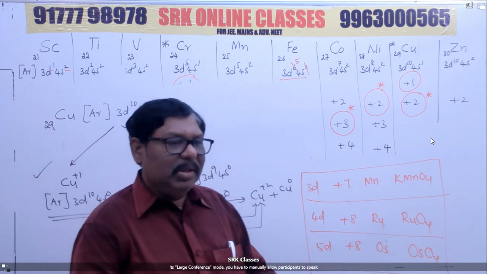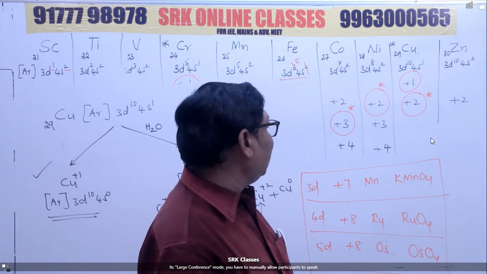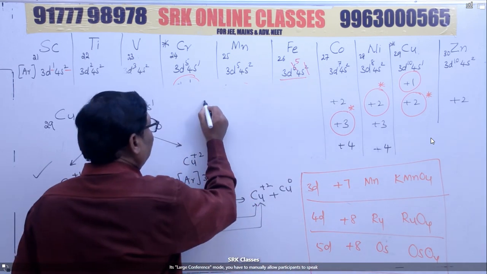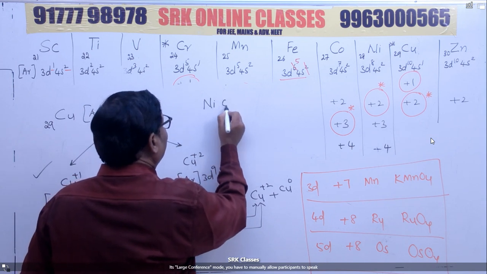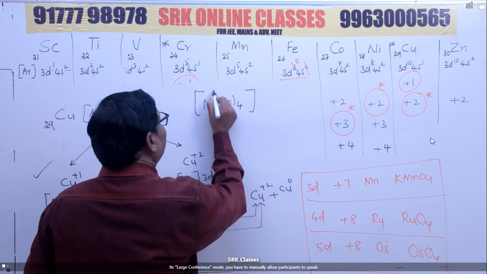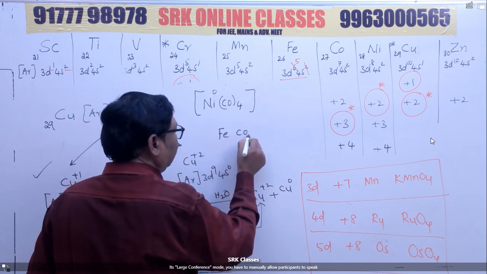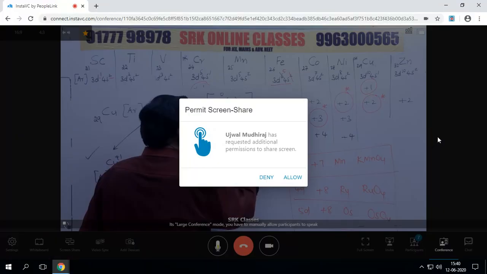Apart from this, in metal carbonyl complexes, the oxidation state of metal is considered to be 0. Here I am writing 1 or 2 examples. Nickel tetracarbonyl complex, in which the oxidation state of nickel is 0. Iron pentacarbonyl complex, in which oxidation state of iron is 0.